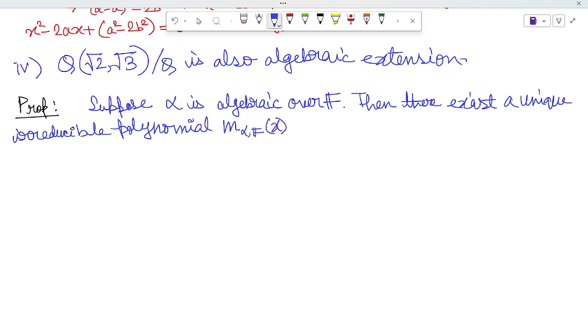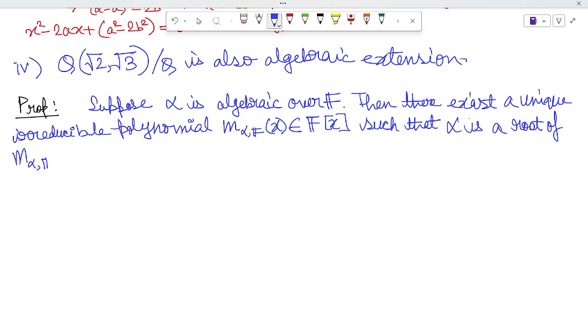in F[x] such that alpha is a root of this polynomial.